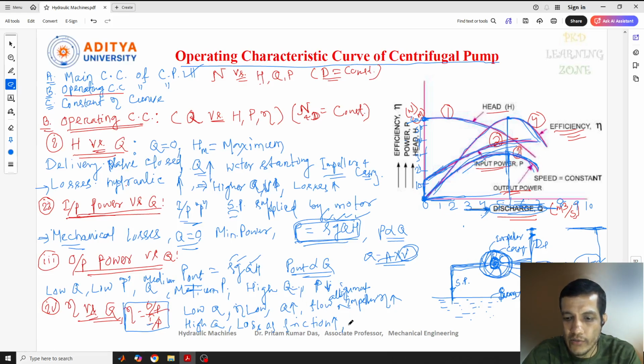Along with this, shock losses will also be there at the impeller outlet of the pump. Due to these reasons, initially as per the discharge, efficiency also increases, but up to a certain limit, and after that it starts decreasing.